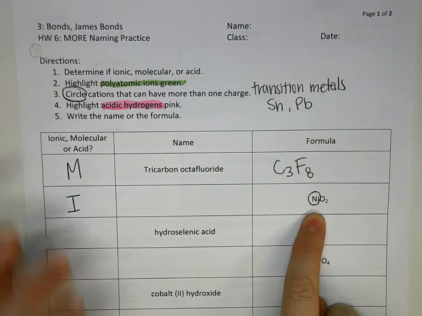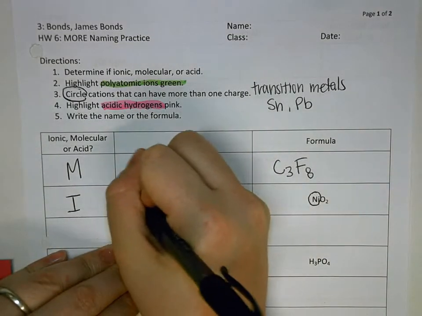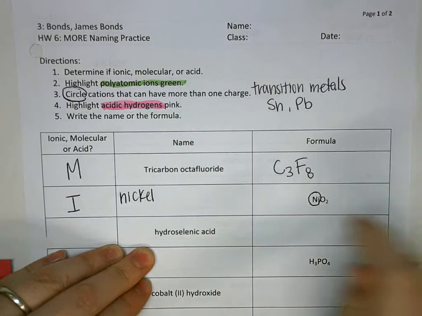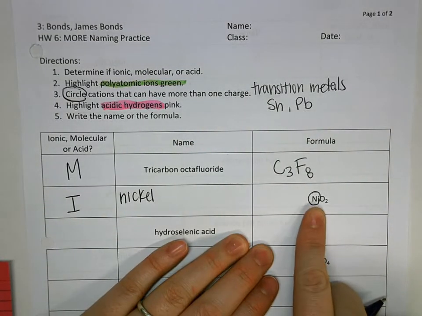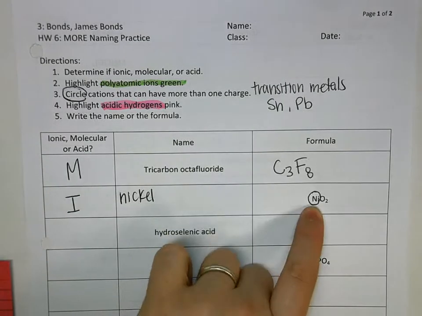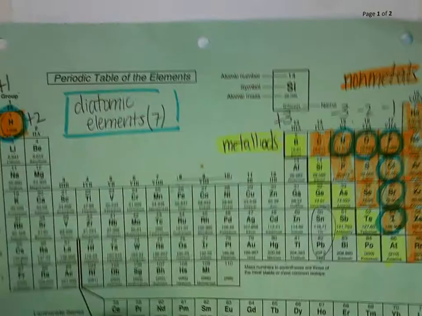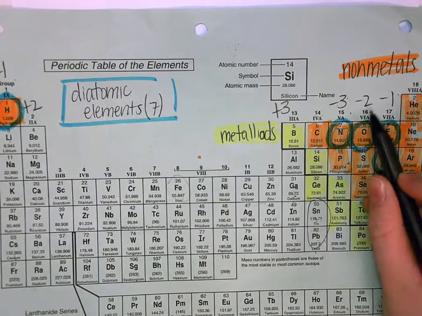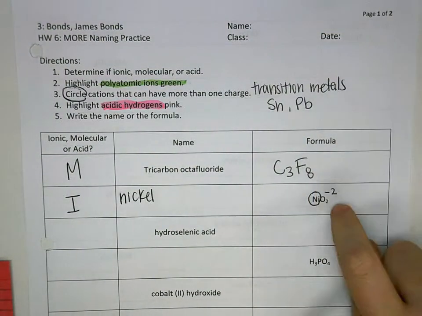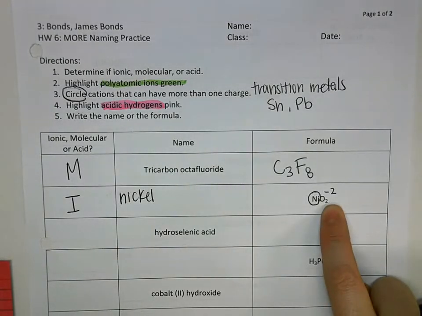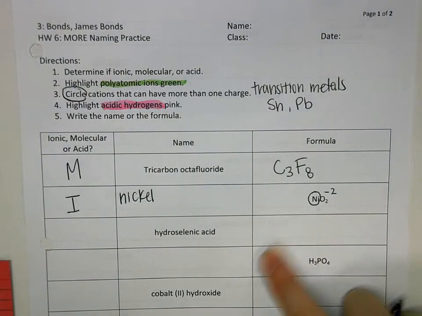So in order to name this, I know that Ni is nickel. And because nickel is a transition metal, I need to figure out what its charge is. So I don't know the charge of nickel, but if I look on my table of elements, the charge on oxygen is -2. So there's 2 oxygens, and each of them have a -2 charge.